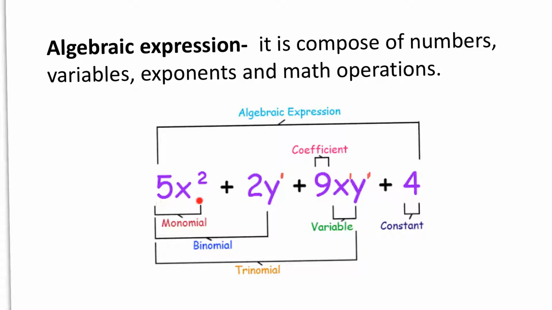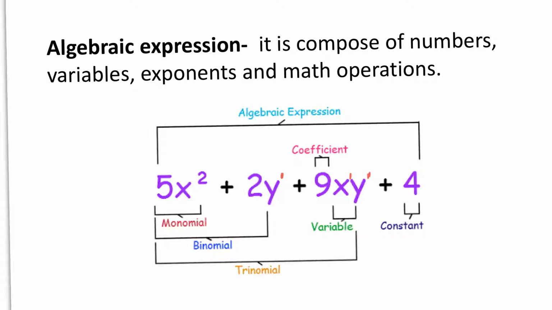If you put two terms together, it's called a binomial. So notice I have the 5x squared plus I'm adding a second term, 2y. So that is called a binomial. Bi means 2.